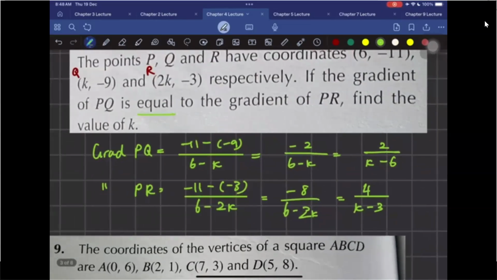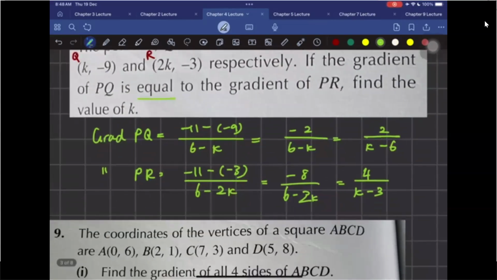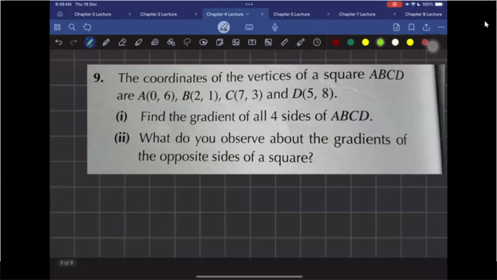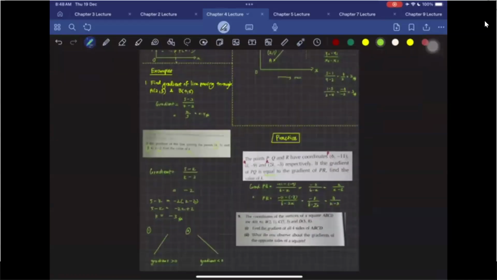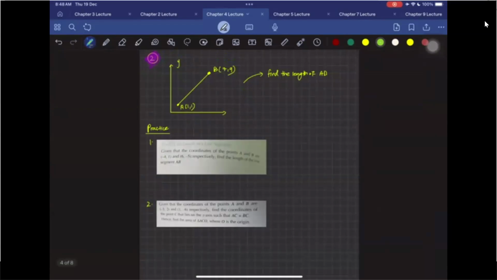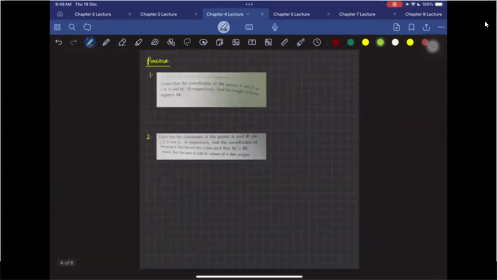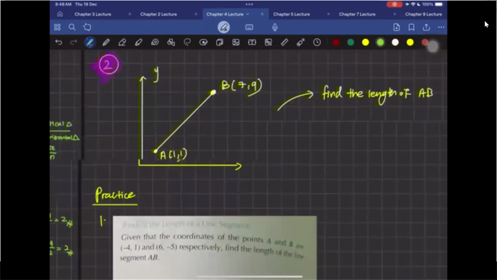So your next step is just to equate and solve. Okay, I won't be going through that part. Okay, again, this question I'll go through during our lesson time. So yeah, do attempt it before coming. Okay, I will go through the next segment as well.